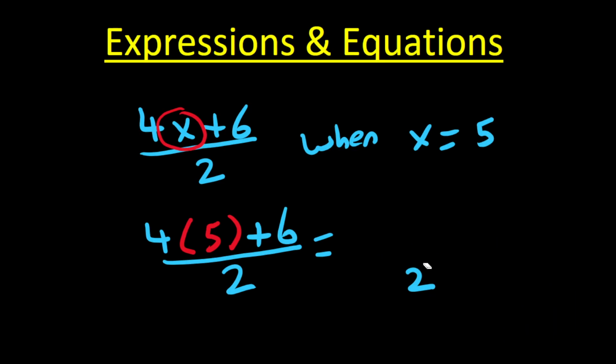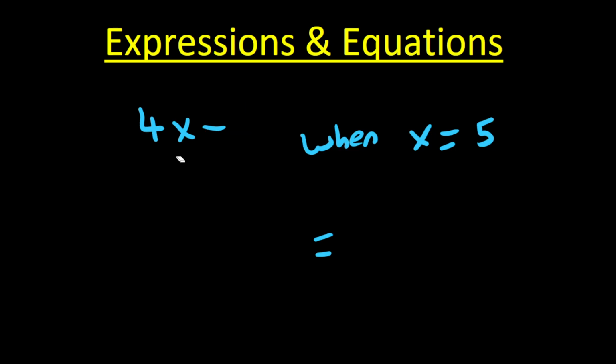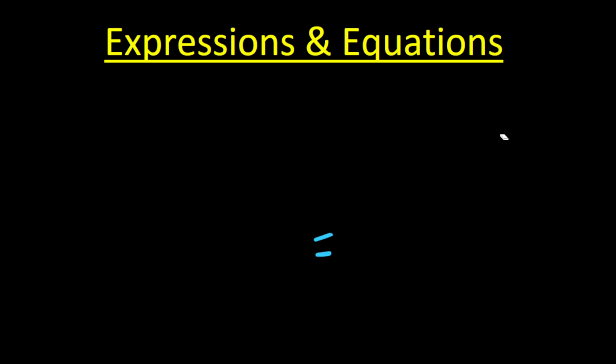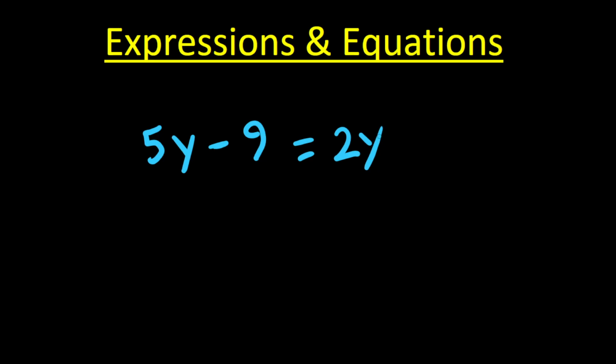So now let's do an example of solving an equation. So now let's say we have a slightly more complicated one, and let's use y as the variable. So 5y minus 9 equals 2y plus 6.